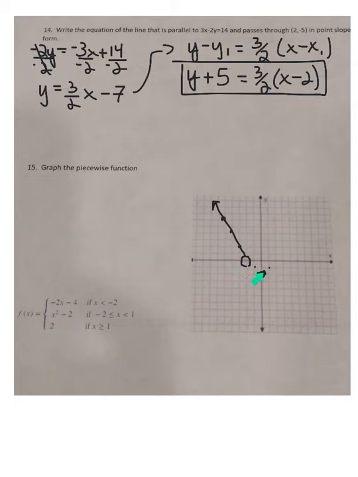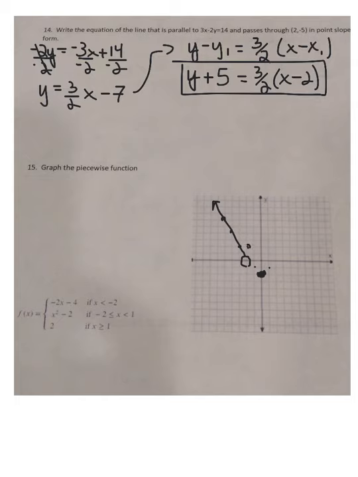Remember 1, 4, 9 says we went up 1, left, right 1. Now we're going to go up 4, 1, 2, 3, 4, and over 2, 1, 2. So I'm plotting the point -2, 2. So -2, 2 should be this point right there.